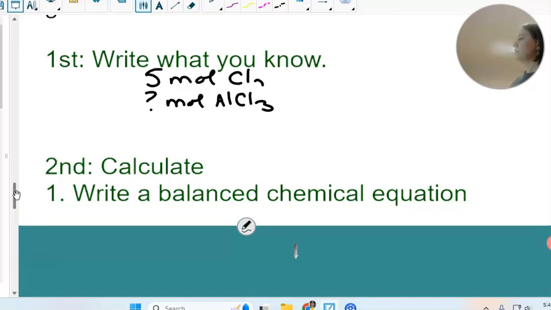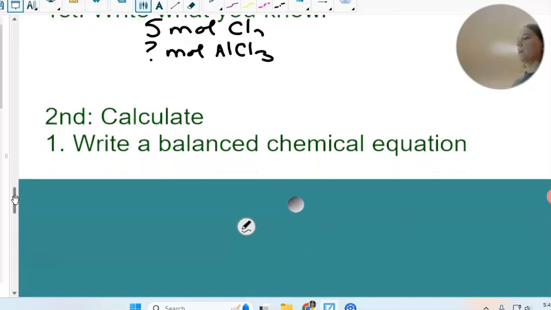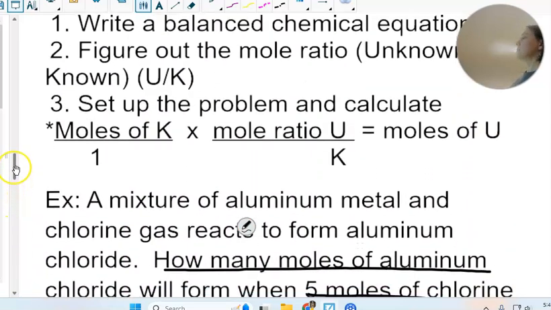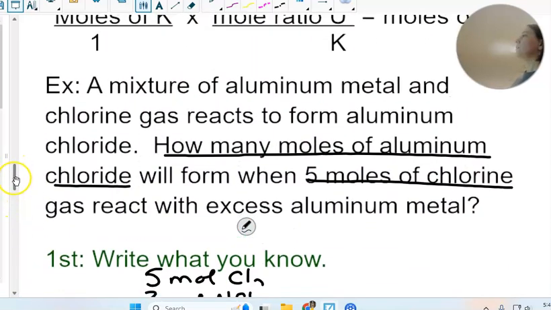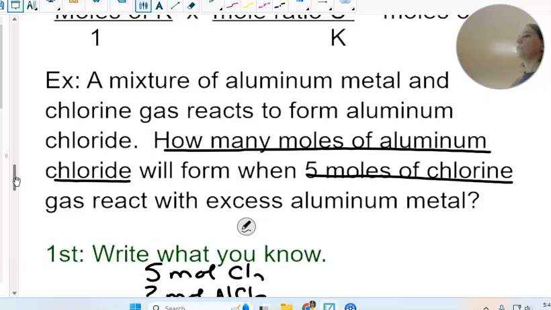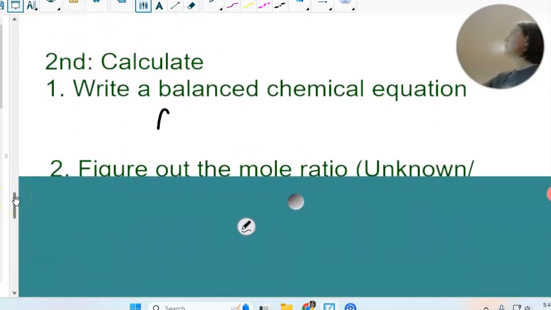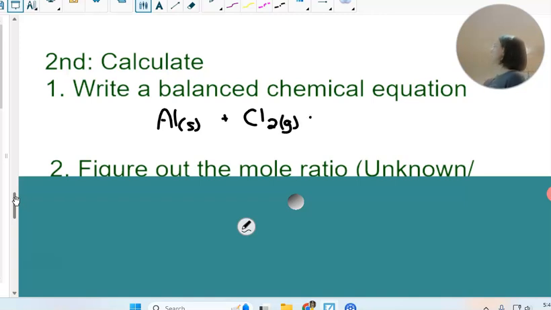Okay, our next step is to write a balanced chemical equation. So let's go back and look at this. A mixture of aluminum metal and chlorine gas reacts to form aluminum chloride. Well, I know I have aluminum metal, which is going to be solid. I know I have chlorine gas, which is a diatomic element. I know that's gas. It's going to form aluminum chloride.